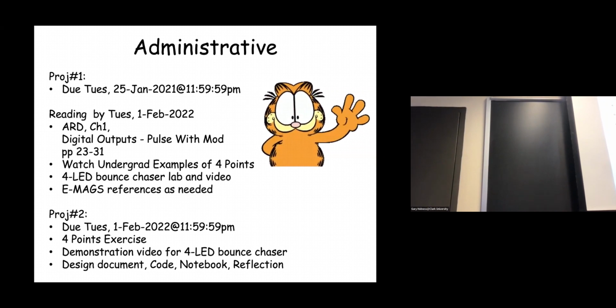From digital outputs to pulse width modulation, or PWM, pages 23 through 31 in the Arduino book. Make sure you're watching the videos that I've curated, specifically watching the undergrad examples of the 4 points. That'll be important for Friday, as well as the videos for the 4 LED bounce chaser, as I'm calling it.